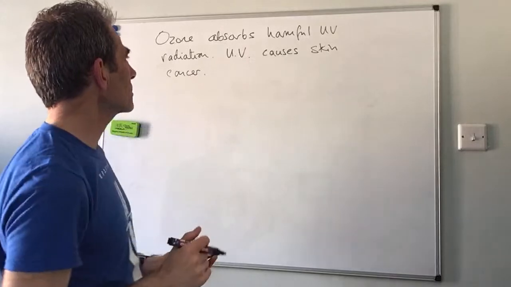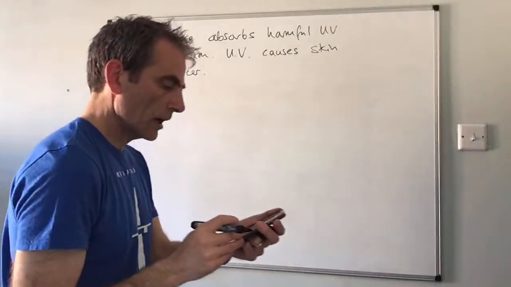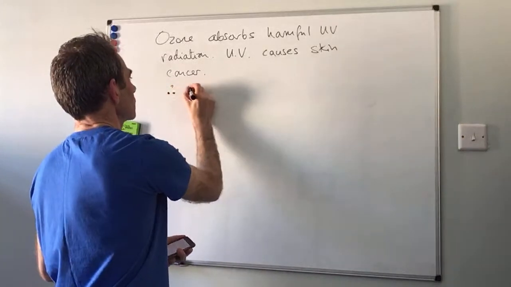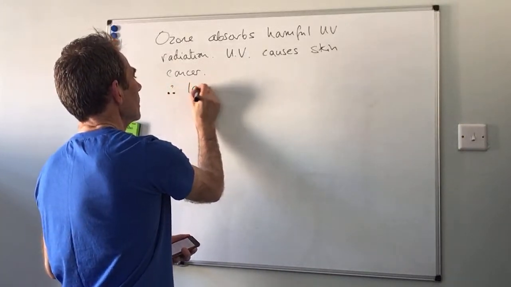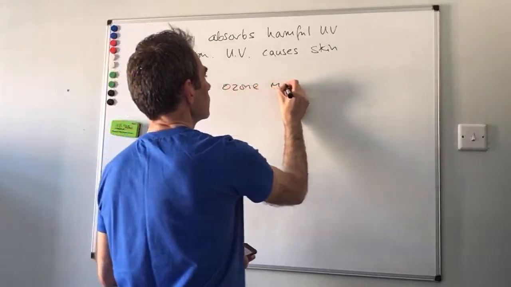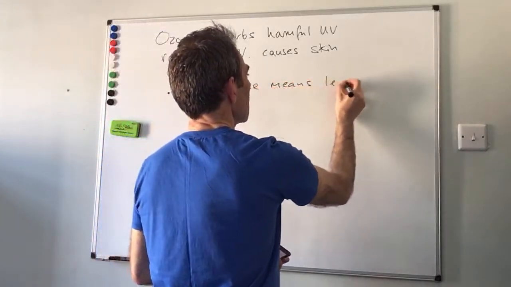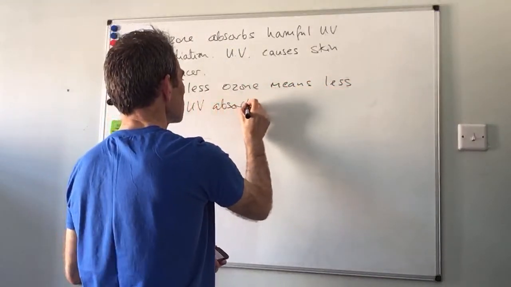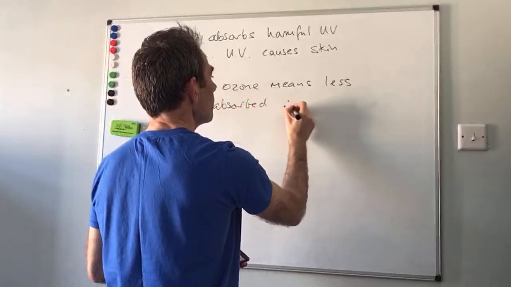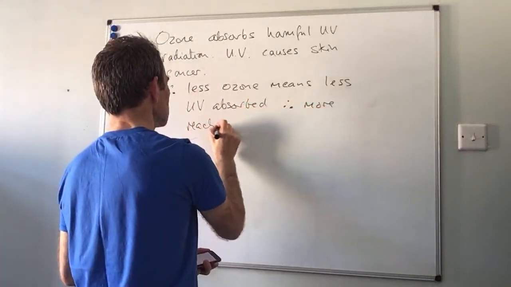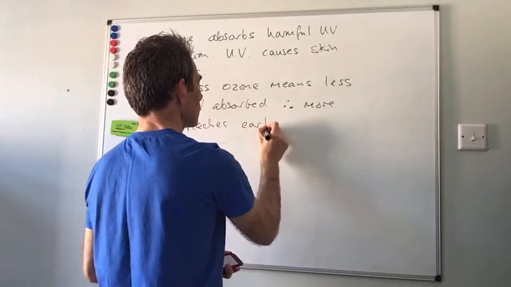UV causes skin cancer. So ozone depletion, or less ozone, means less UV absorbed, therefore more reaches Earth.